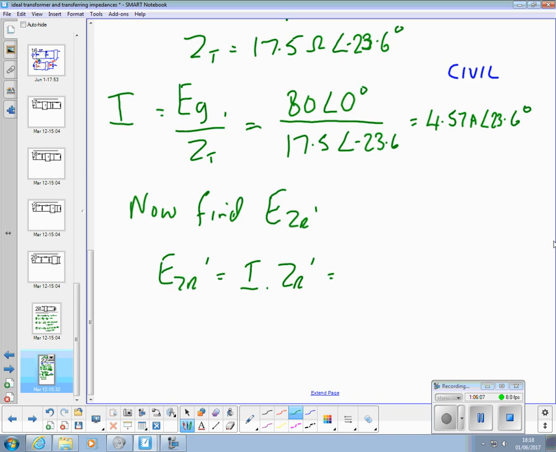That is 4.57 angle 23.6 times ZR, which is 16 angle 0 degrees.